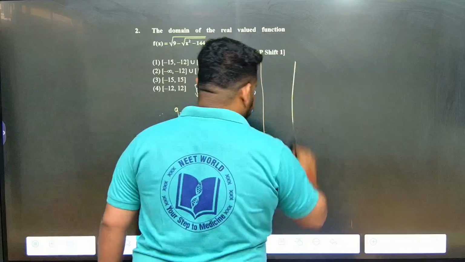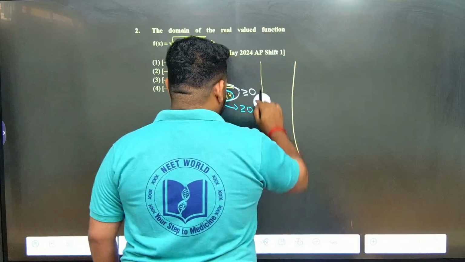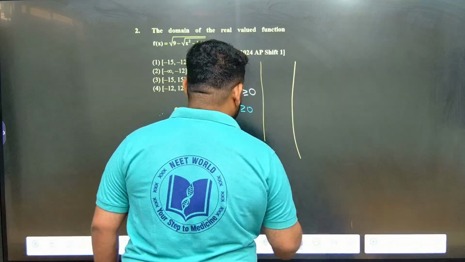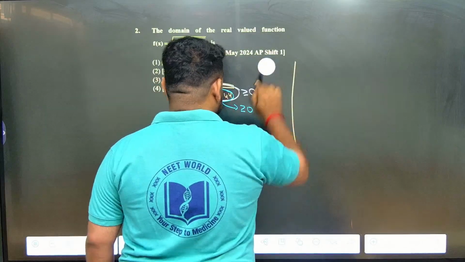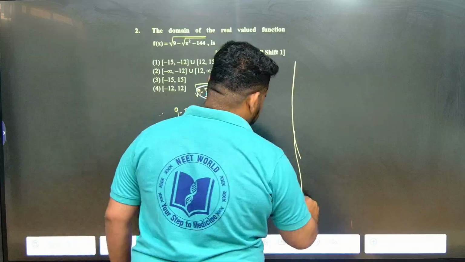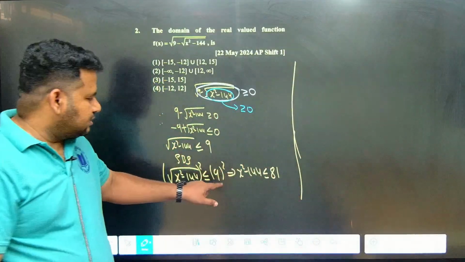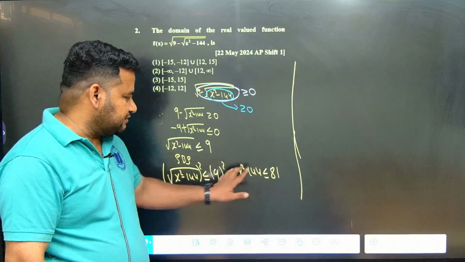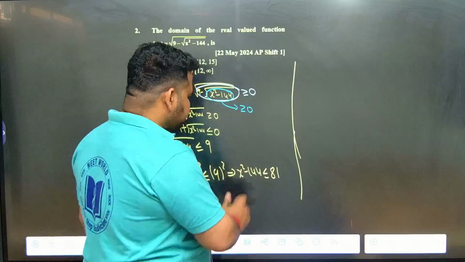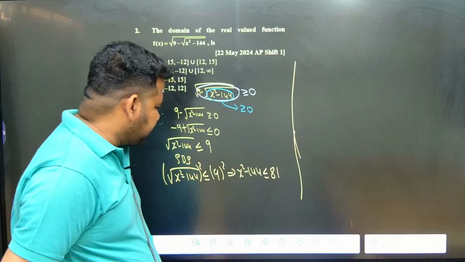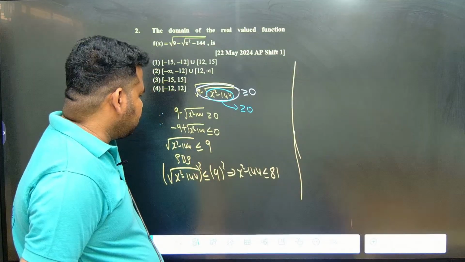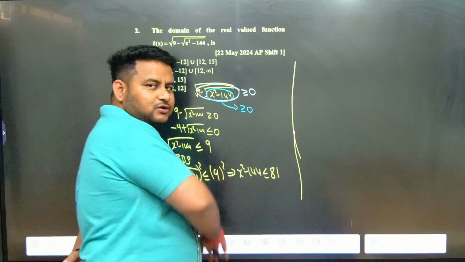Now taking this here, let me do it. I hope it is clear till here: x square minus 144 is less than or equal to 81, after squaring on both sides. We will bring this 81 to the LHS only.